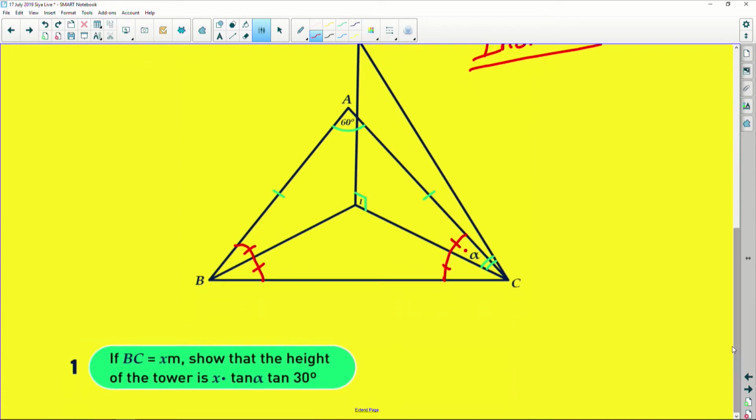Now, looking at the question, if BC is equal to X. Now, if this is equal to X, guys, we were told that ABC is a triangle. With ABC being a triangle, and we are told that this length here is equal to that length, it would then mean that these angles in triangle ABC must be equal to each other.